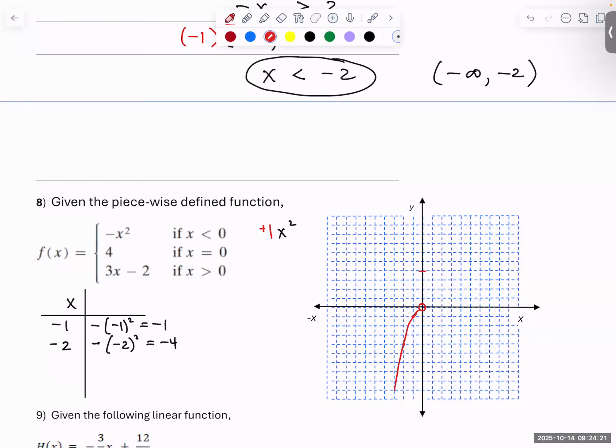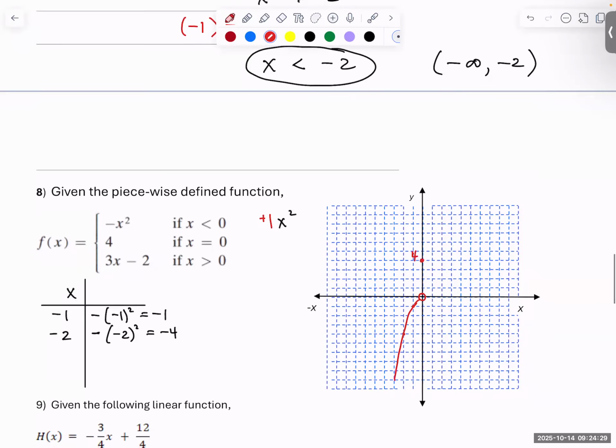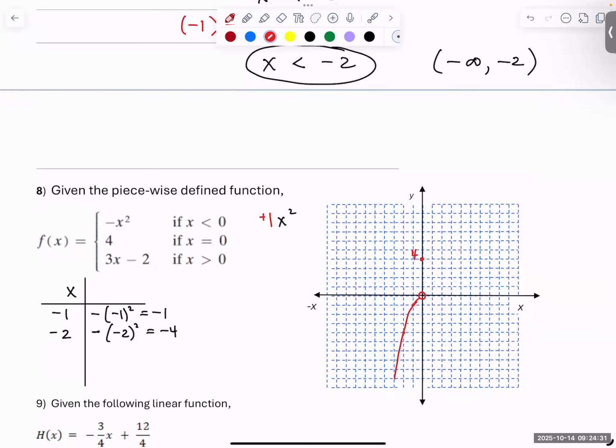So that is an isolated point at x is 0, y is 4. The third piece is a linear piece. 3x minus 2 is of the form mx plus b, slope-intercept form, but only if x is greater than 0.